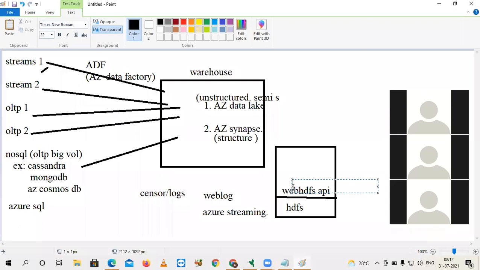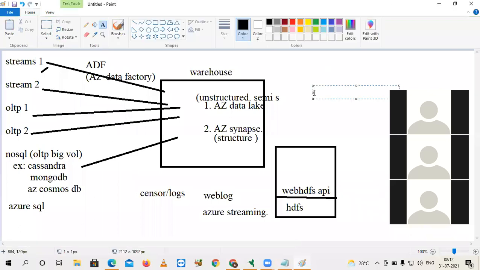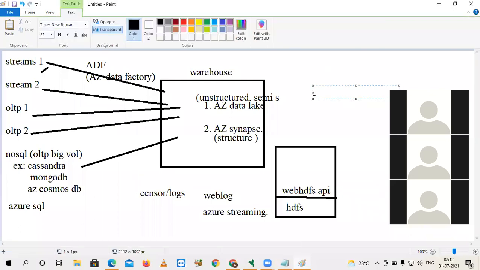No, I'm talking about ABFS. Sometimes when we are dealing with Azure REST APIs, instead of HTTPS, the URL starts with ABFS, or sometimes with WASB. You are asking about AB, right? That is Azure Blob File System.